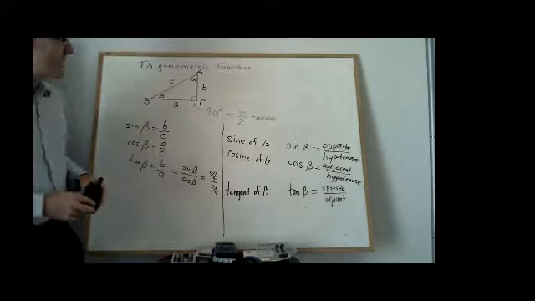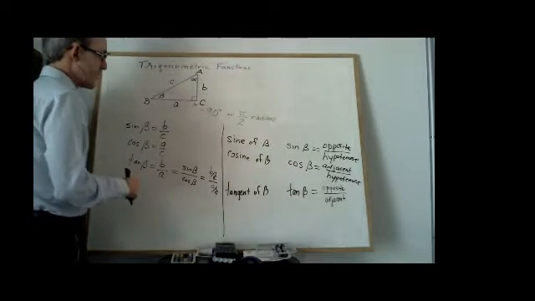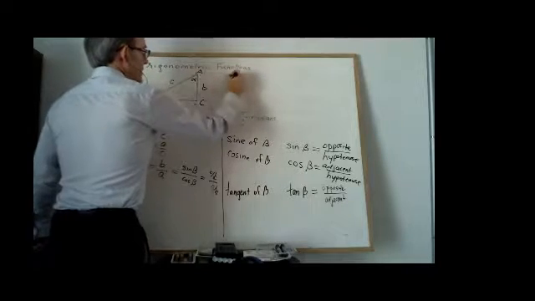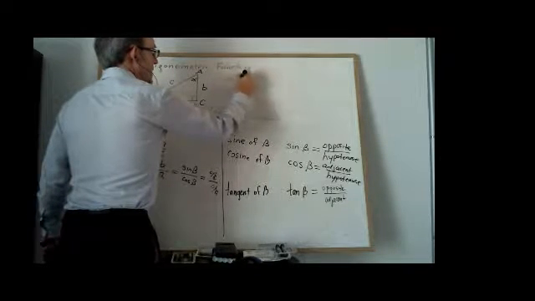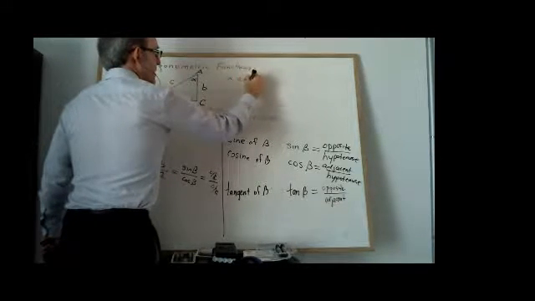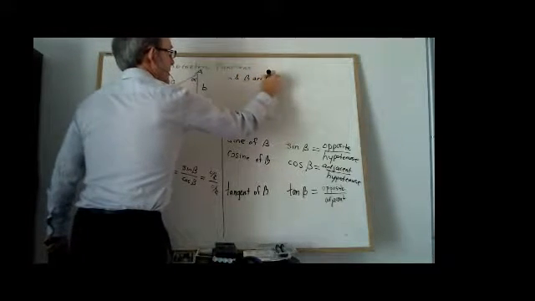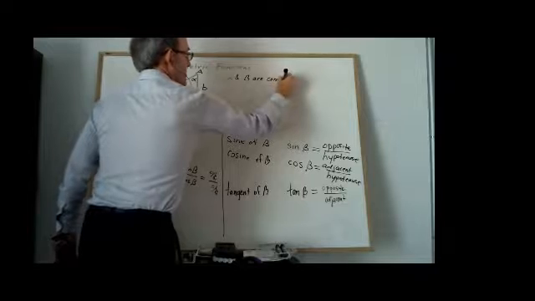Now, if we look at the complementary angle, alpha, so alpha and beta are complementary angles.